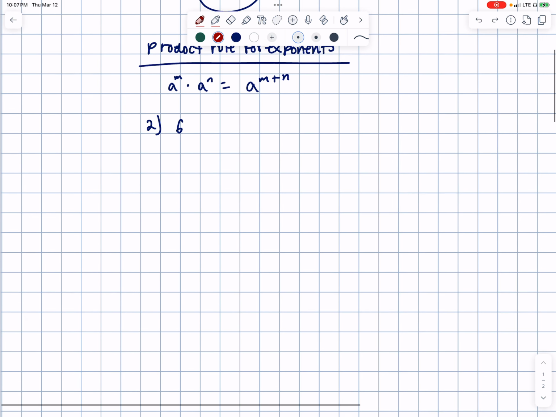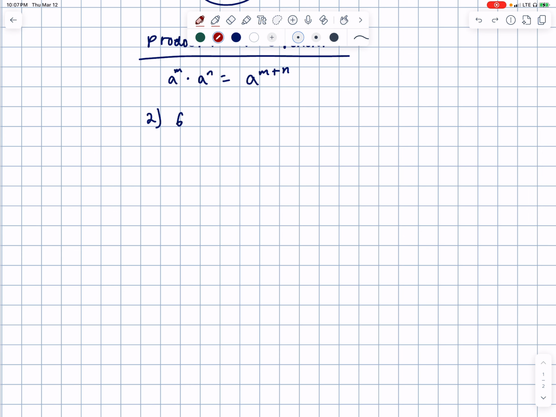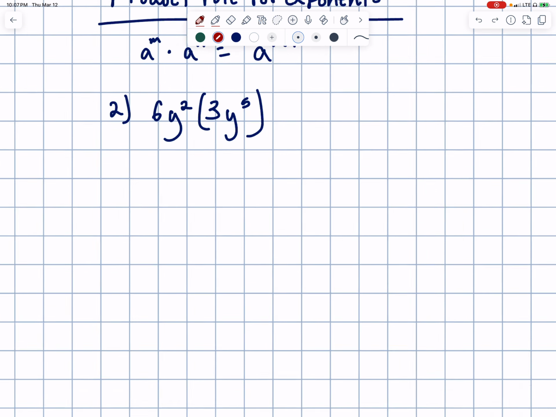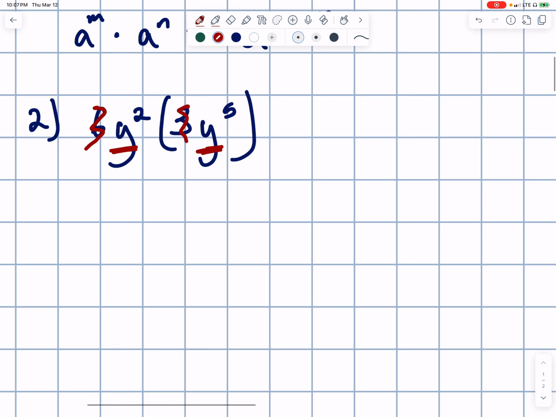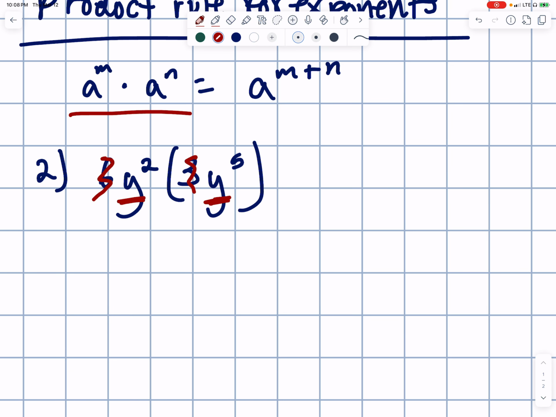Problem number 2. We have here 6y to the second power times 3y to the fifth power. You see how there's 2 y's? We have here y to the second and y to the fifth. Ignore this for a second. Y to the second times y to the fifth is very similar to this.